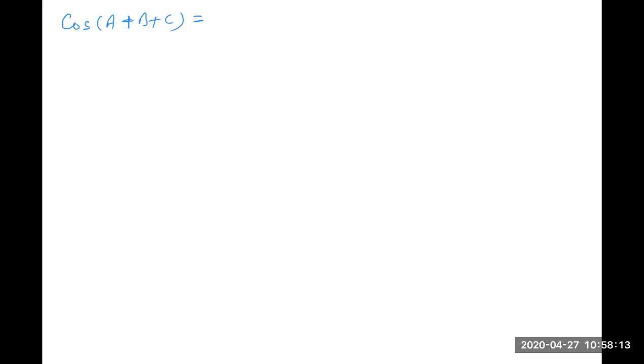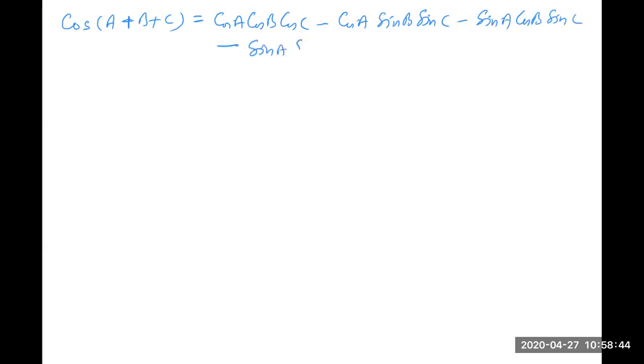Cos(A plus B plus C) is equal to cos A cos B cos C minus, now in this case, cos will rotate, cos A sin B sin C minus sin A cos B sin C minus sin A sin B cos C.